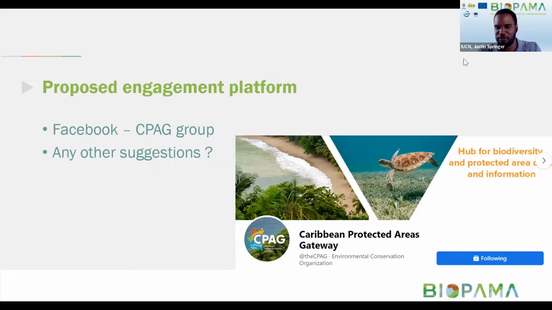So what is the platform that we intend to use? Currently, the Caribbean Protected Areas Gateway, which is the regional reference information system for the BIOPAMA Caribbean program, is basically an online database that seeks to house biodiversity data, protected areas data, and all data related to biodiversity and protected areas within this region.